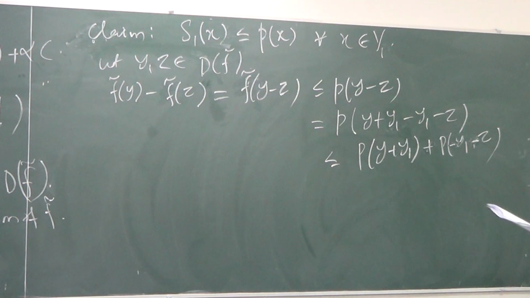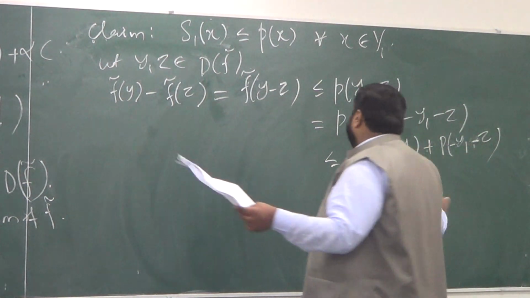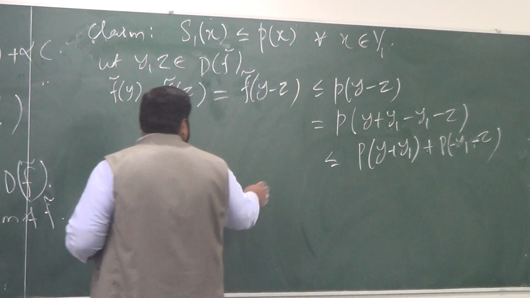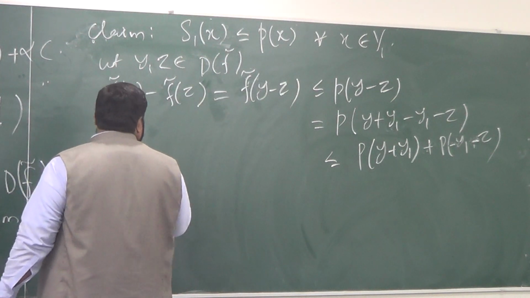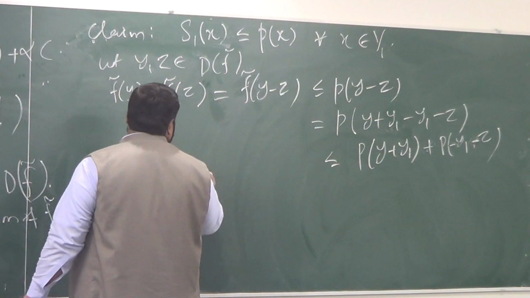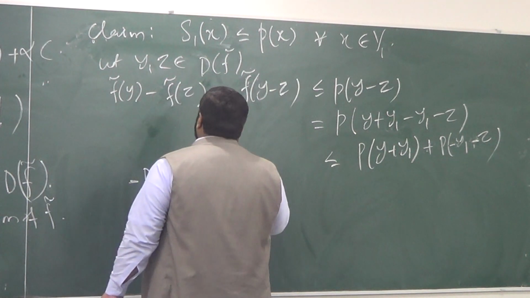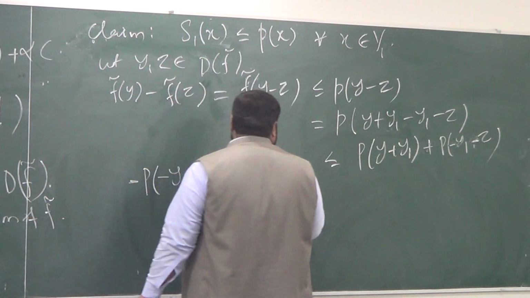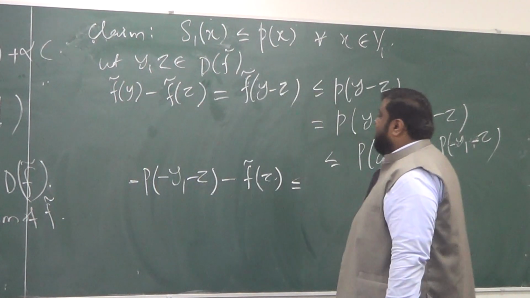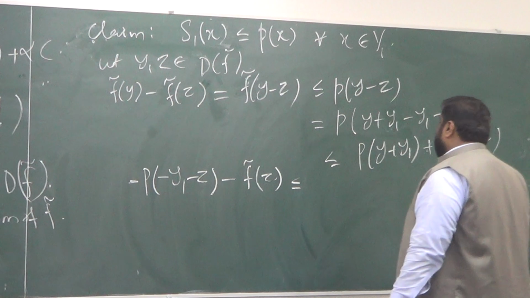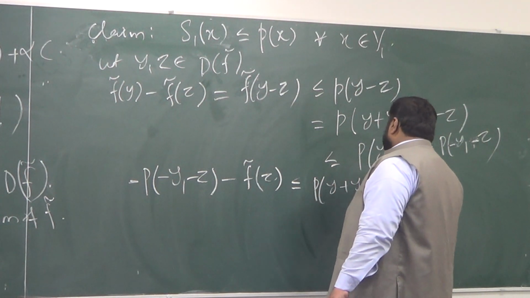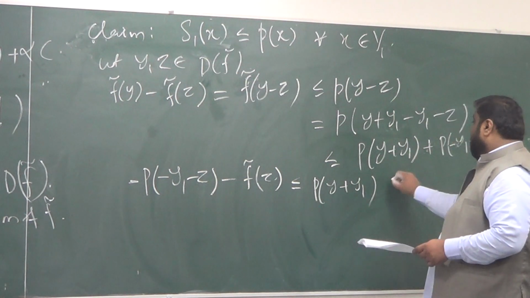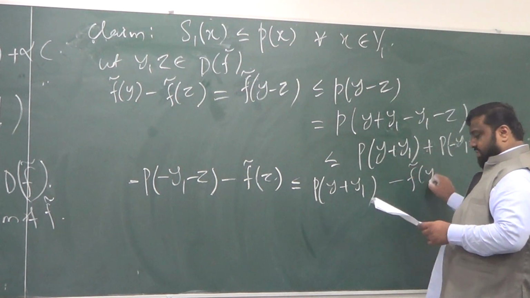And from this, it's just simple calculations actually. From this inequality I can also follow that minus p of minus y1 minus z is less than or equal to minus f tilde of z is less than or equal to p of y plus y1, okay, minus f tilde of y.